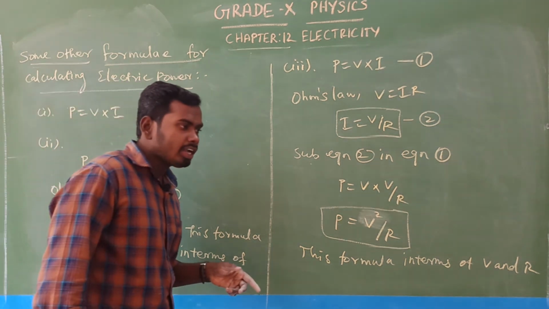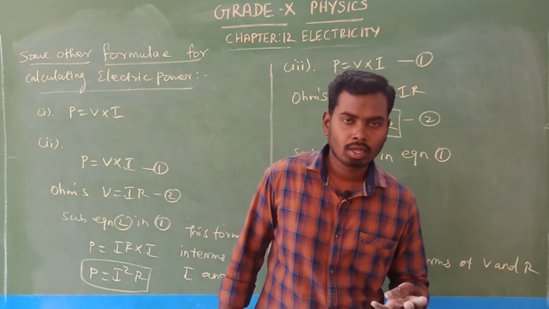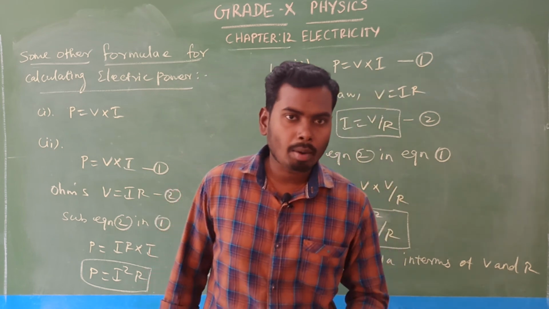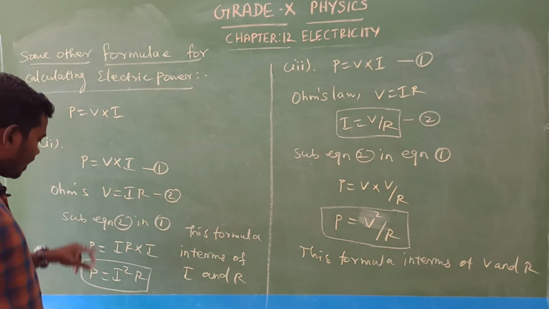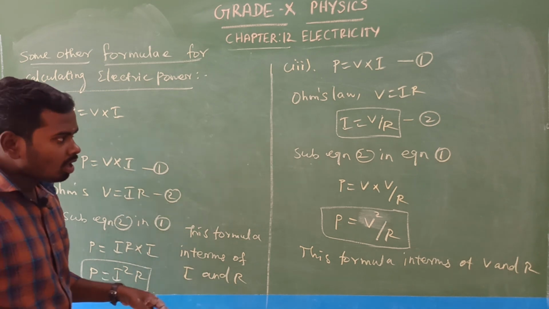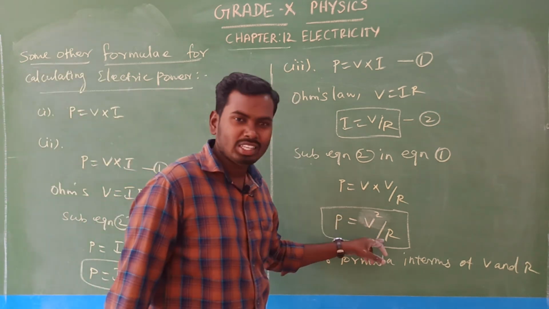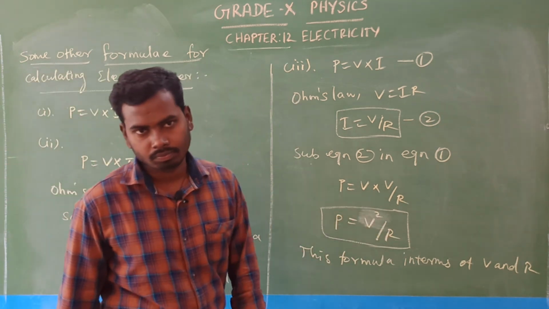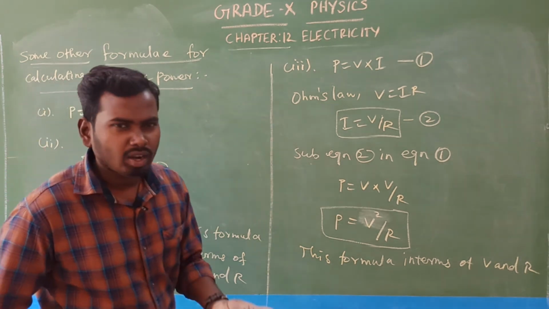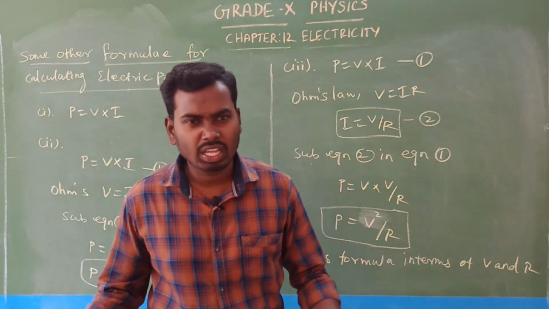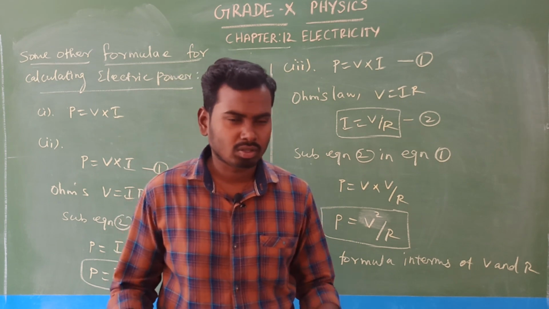So for calculating power we have three formulas. First formula P equal to V into I. Then second formula P equal to I square R. And third formula P is equal to V square divided by R. So why, sir, do we have three formulas for calculating the power value? Look here.